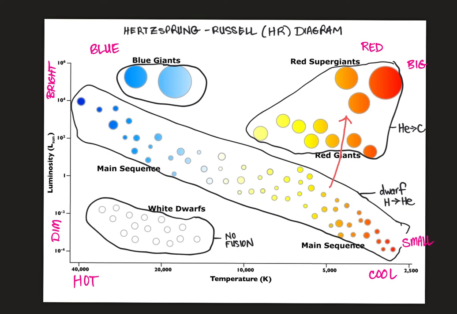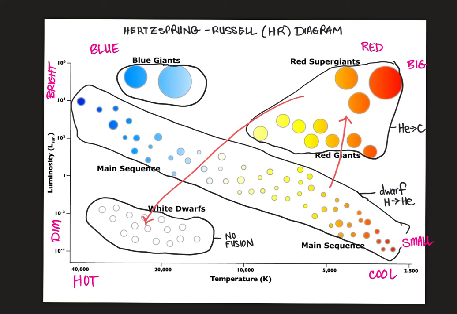And as a red giant, it's going to fuse helium into carbon, or even heavier elements than that, up to iron. And once it runs out of everything it can fuse, it's going to go through a process of dying, and then it's going to come down here and become a white dwarf.